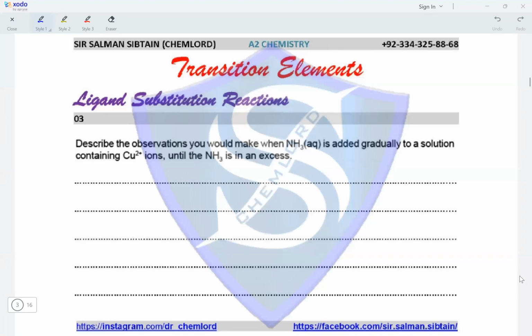Question 3. Describe the observations you would make when ammonia is added gradually to a solution of copper ions until ammonia is in excess.